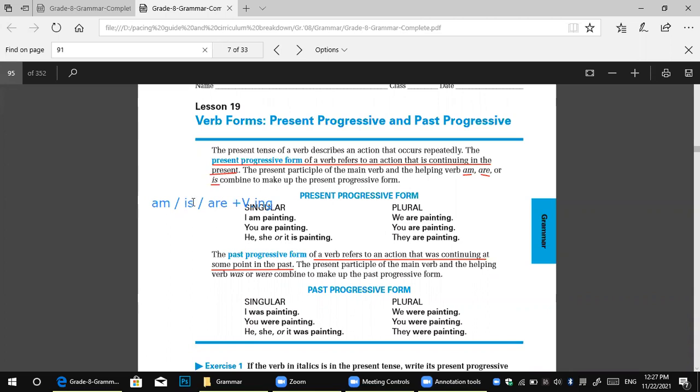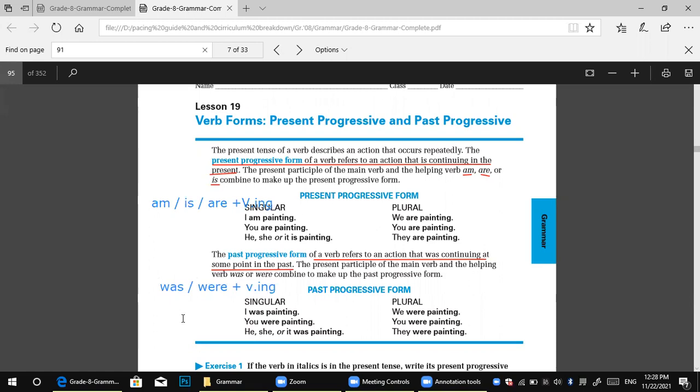This is the present progressive. But what about the past progressive? What's the past of am, is, are? Was and were. So was, were, plus verb ing. This is the past progressive.